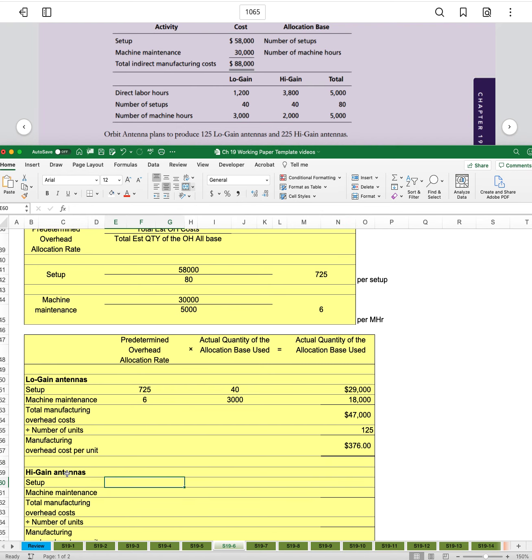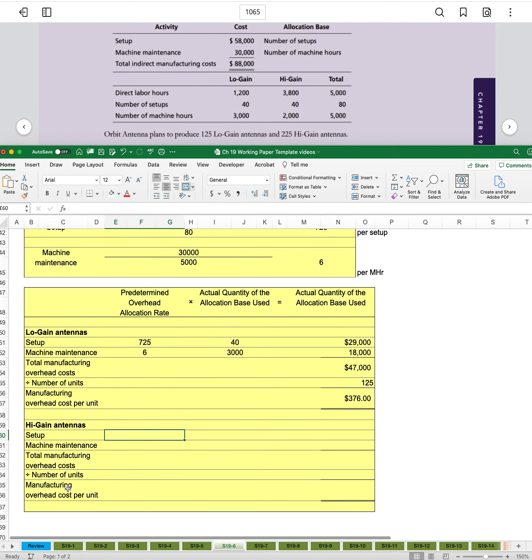Now we'll do the same thing for high gain, and so we are going to maintain the rate of 725 for the setup and 6 per machine hour. The high gain has 40 setups and 2,000 machine hours.